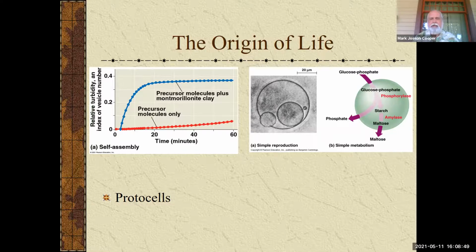The concept is that some of the properties of life, one is reproduction and one is some kind of metabolism. And these protocells do have the ability to replicate. They will break into smaller balls, and you can even produce some vesicles.